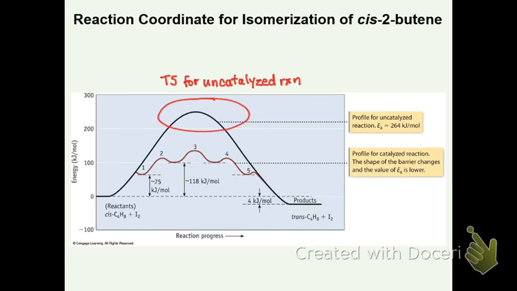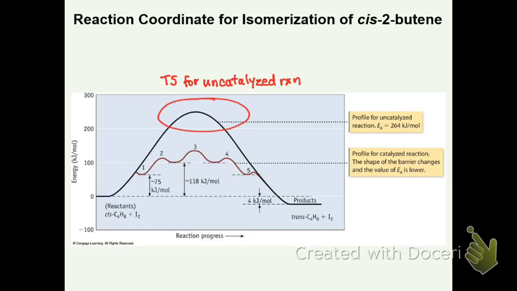Now for the catalyzed reaction, we see that basically, rather than it occurring all in one step, it's broken down into 5 different steps. And all of the energies of these intermediate and transition species are much lower. So none of the energies of the individual steps are nearly as high as the activation energy for the uncatalyzed reaction.